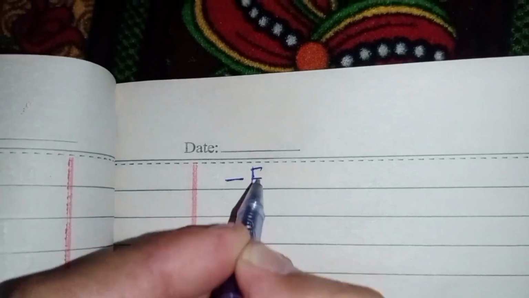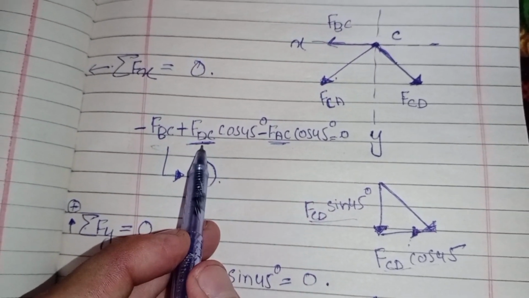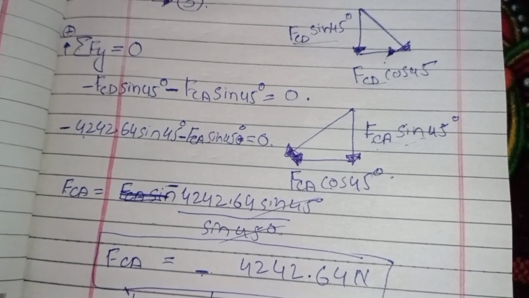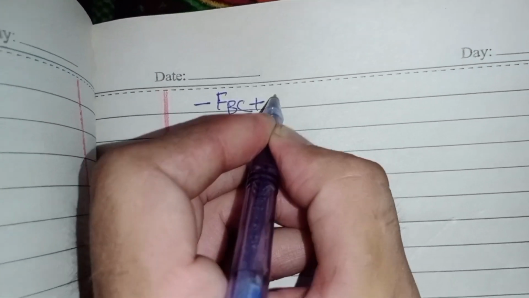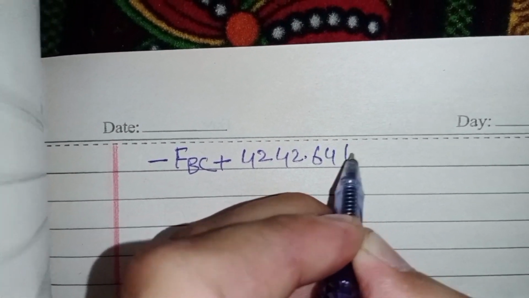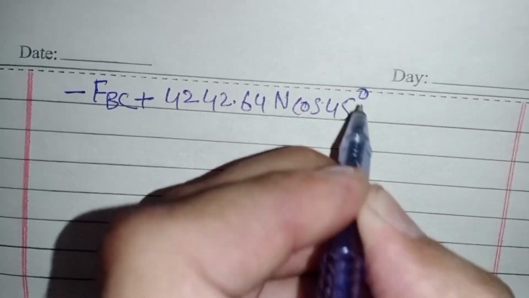So minus FBC, equation 2, FDC, in place of FDC I will put this 4242.64 Newton cos 45 degree.